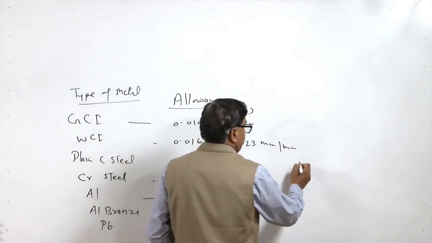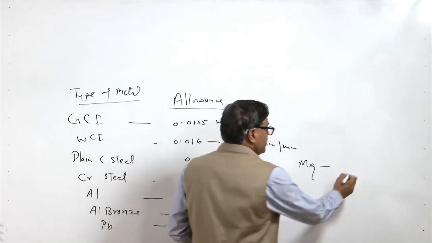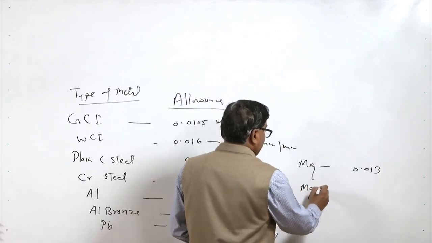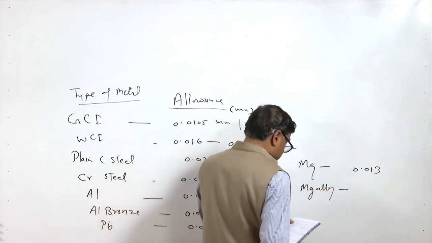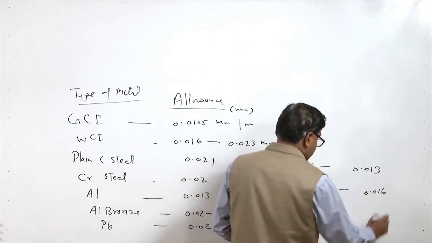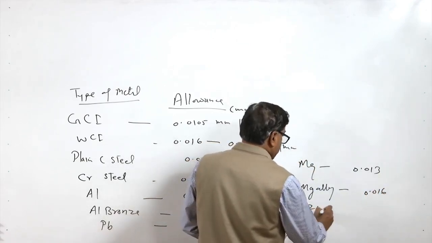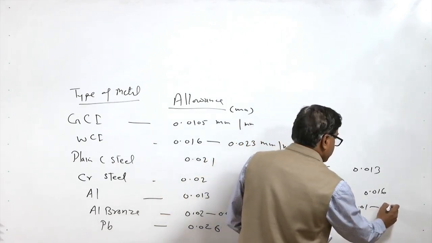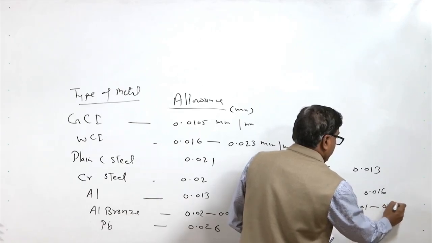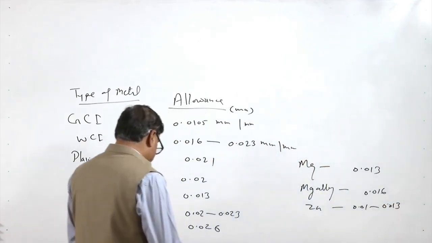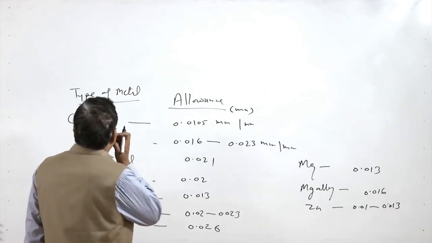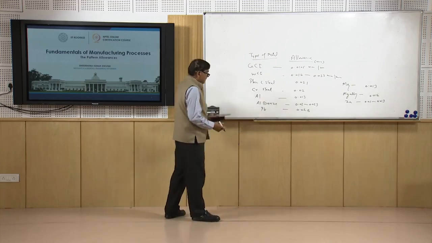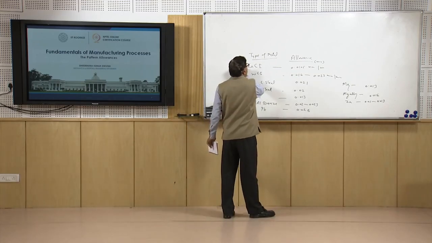Similarly, for magnesium it is 0.013. For magnesium alloys it is 0.016, and for zinc it is 0.012 to 0.013.